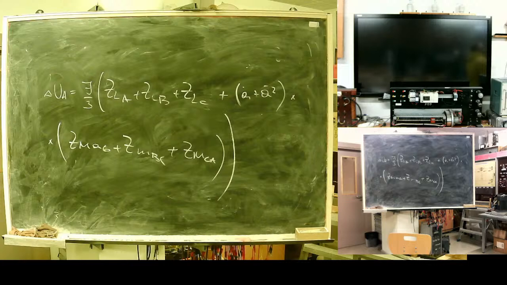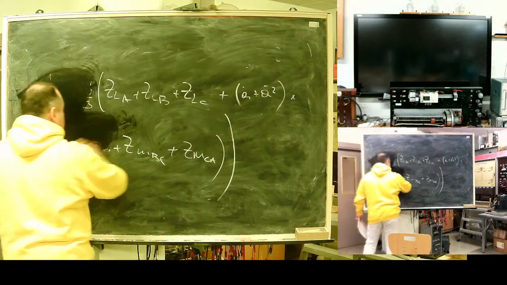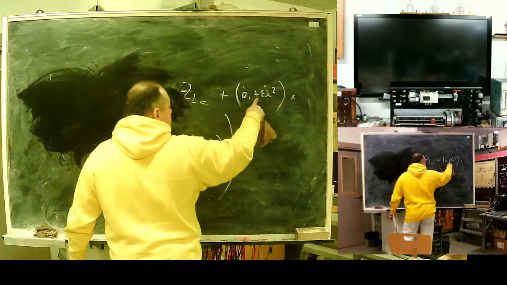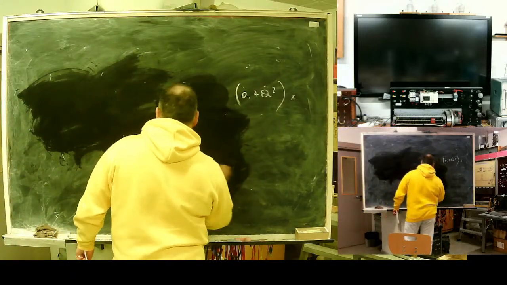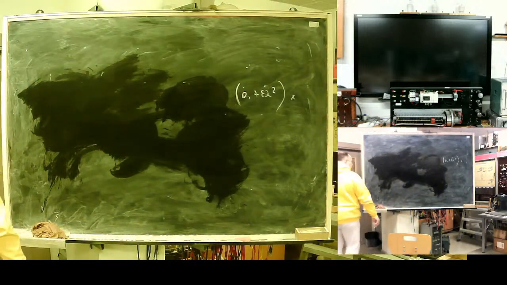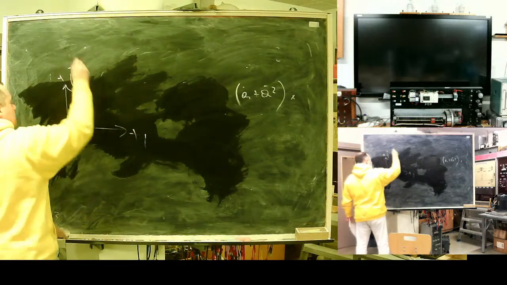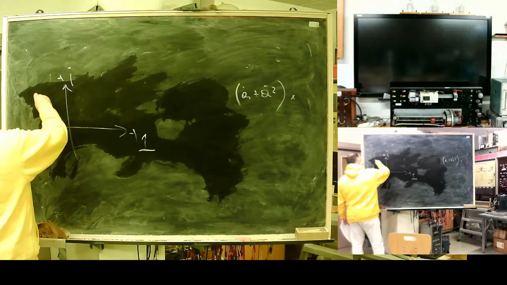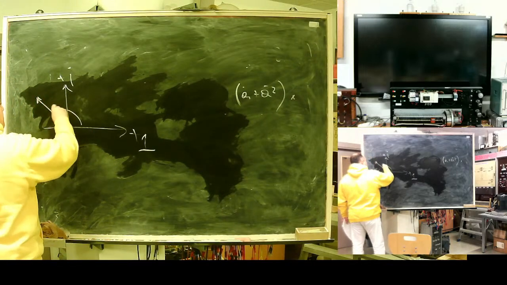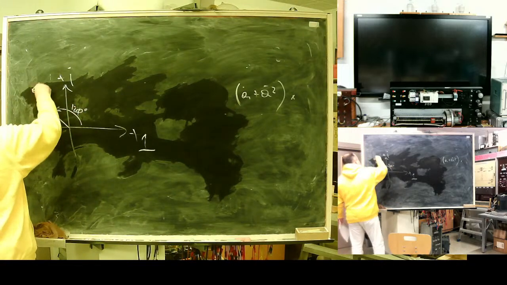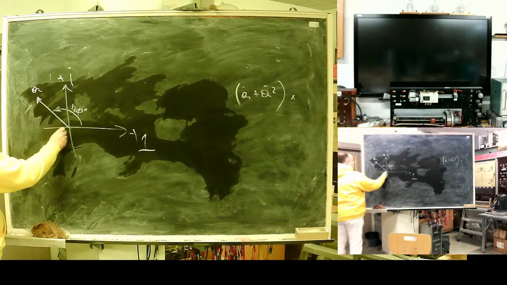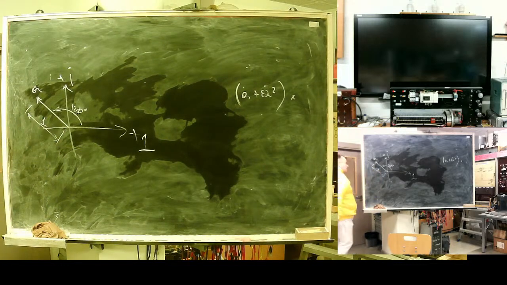And what is the value of A plus A squared? Plus 1, plus this is A, its magnitude is 1.